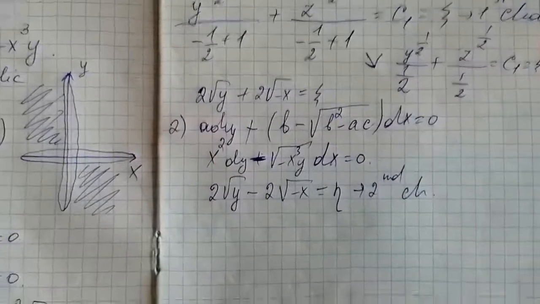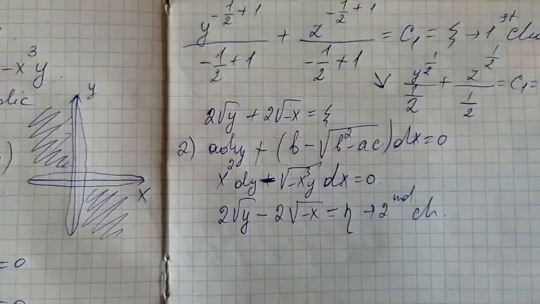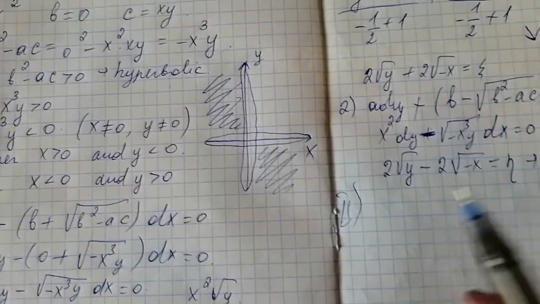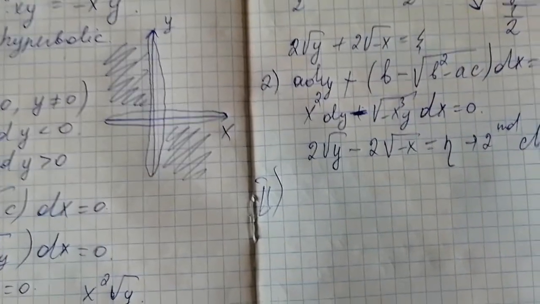Now, how can we find the parabolic type of equation? Here, this is the second case. I found hyperbolic type. Now it's time to find the parabolic type.